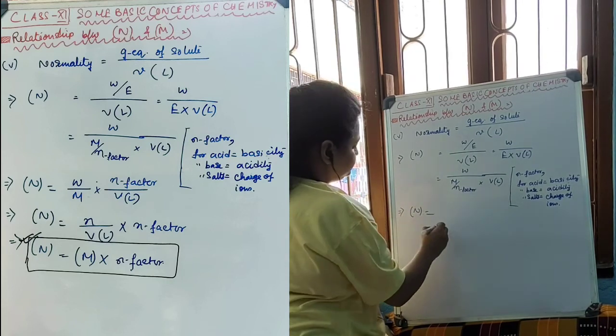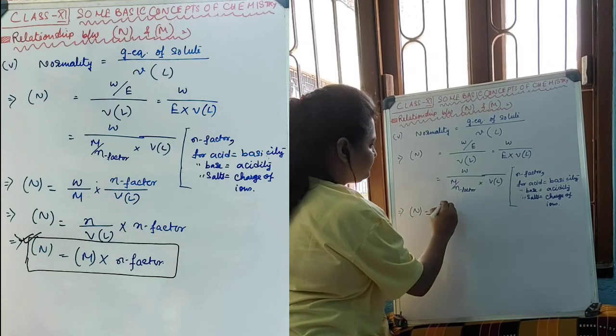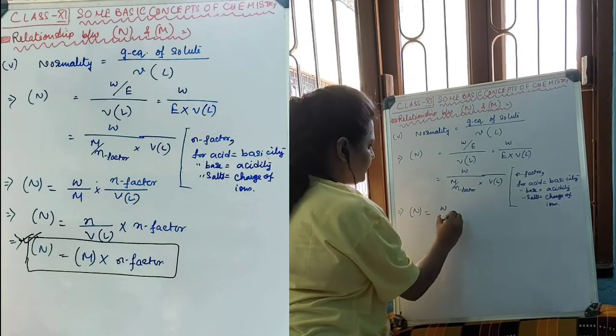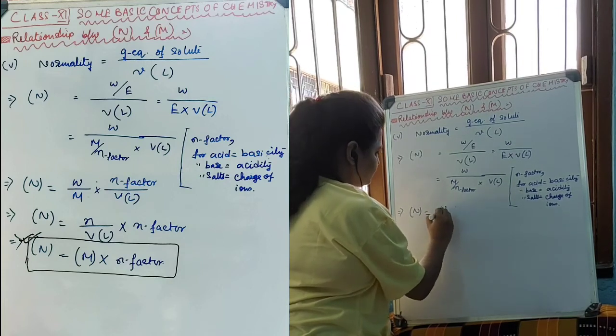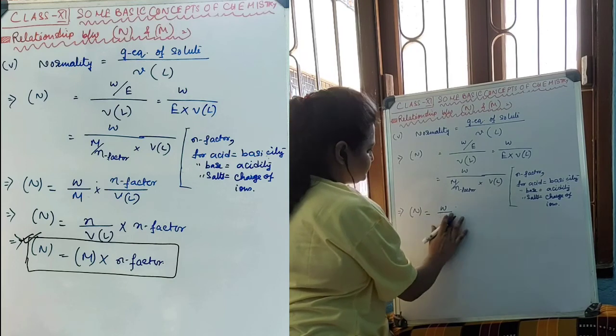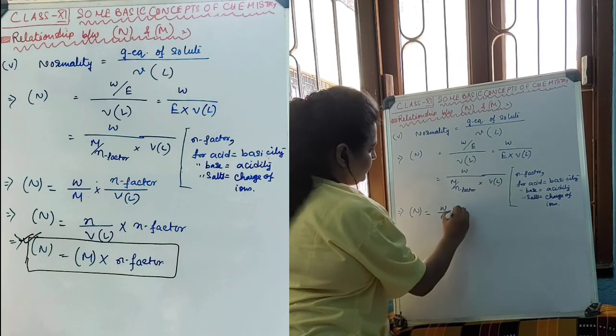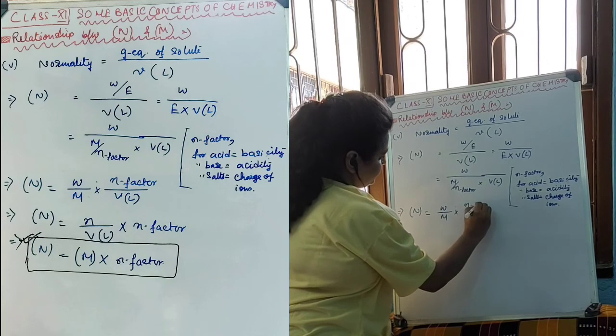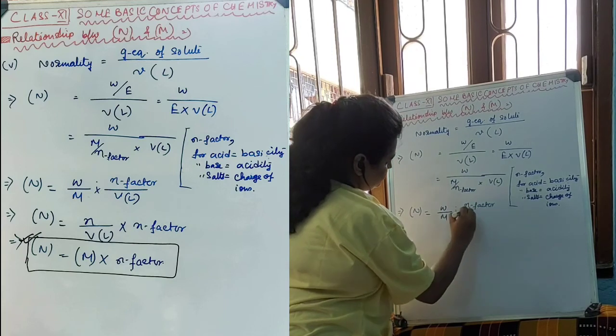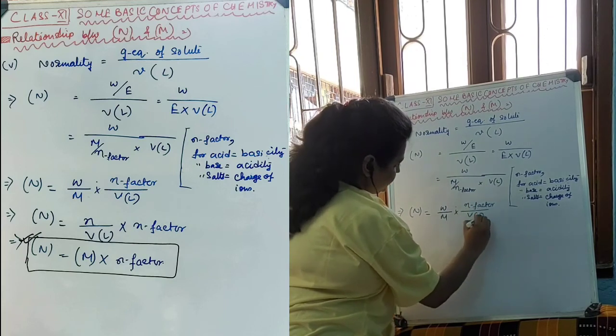This equation then can be simplified: given mass by molecular mass multiplied by N factor, by V in liter.